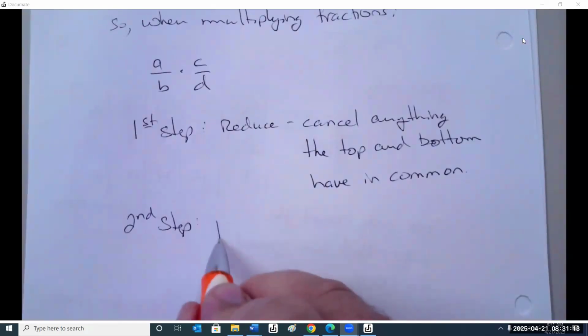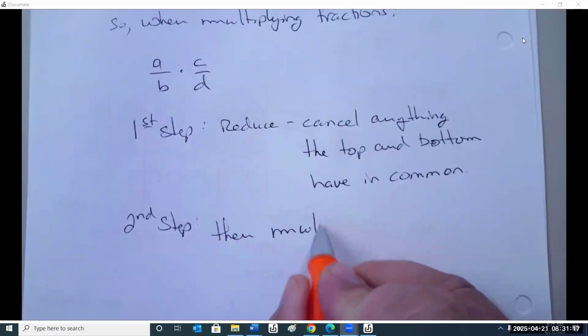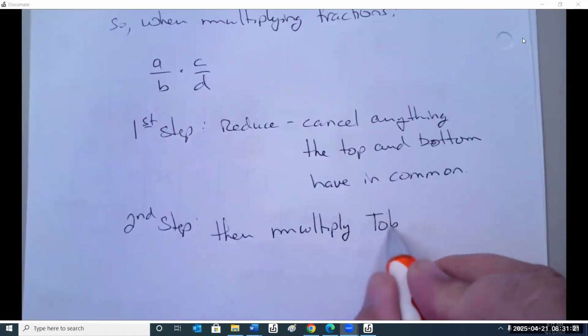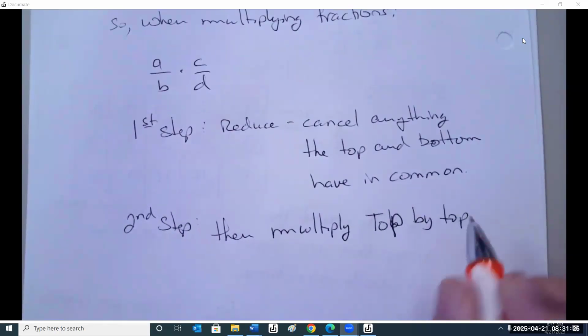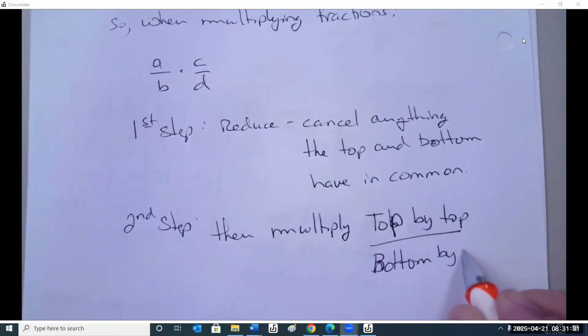Then multiply top by top, bottom by bottom.